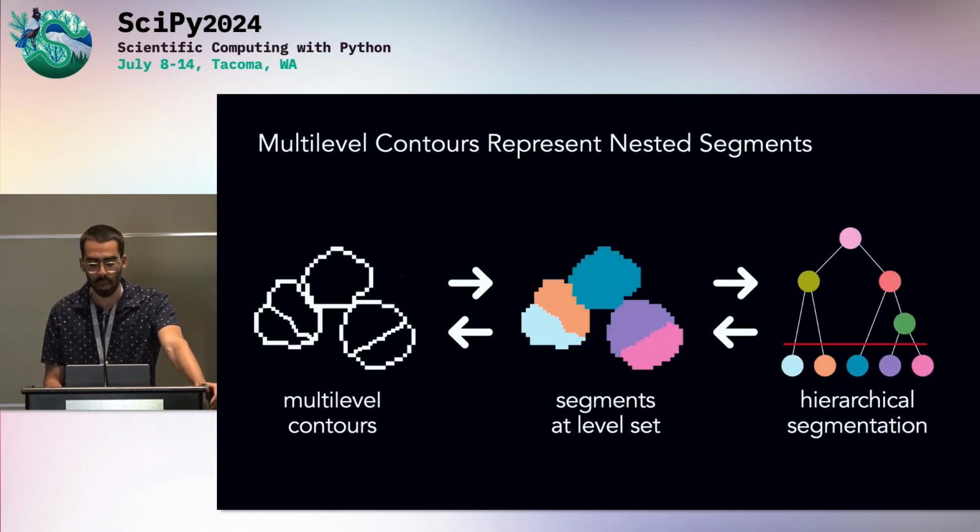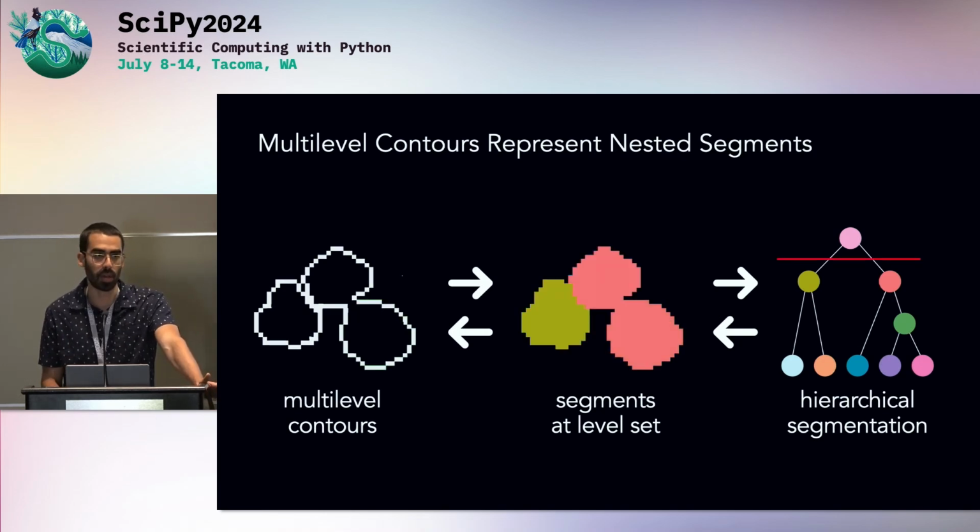And how that works is that for each level in the multi-level contour, you binarize and you apply the same methodology we did before in the binary case. So for example, if we threshold at this height of the image intensities, we get this set of contours. And as we increase the threshold, we are merging segments and obtaining our hierarchy.